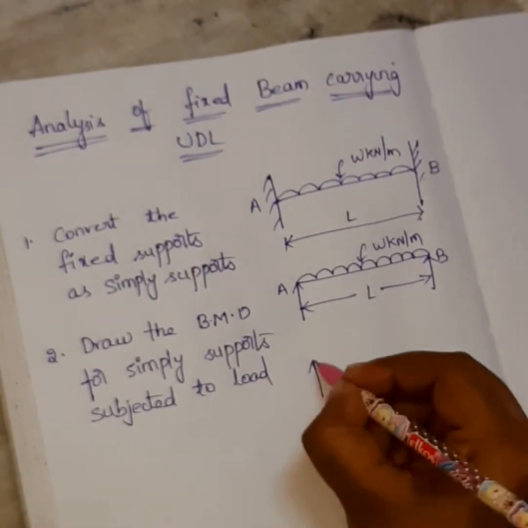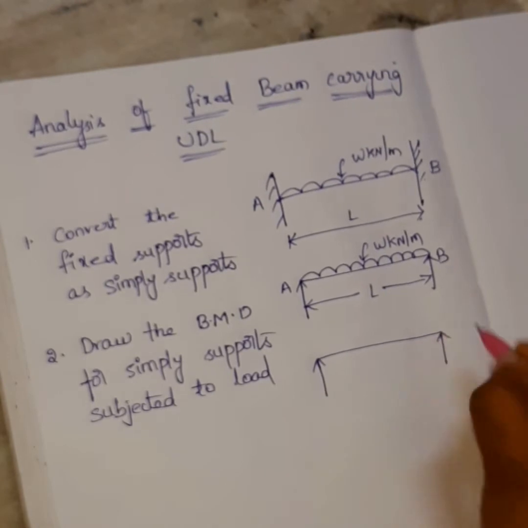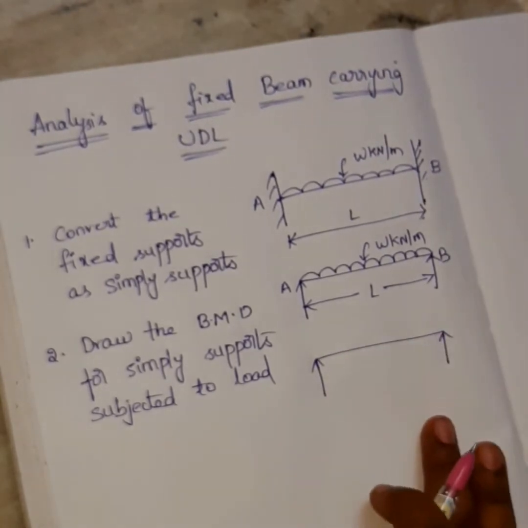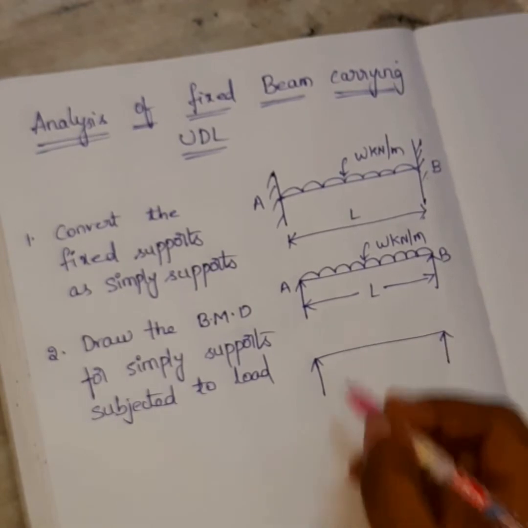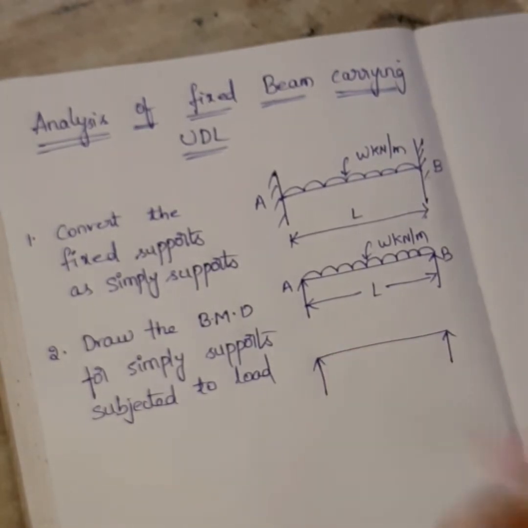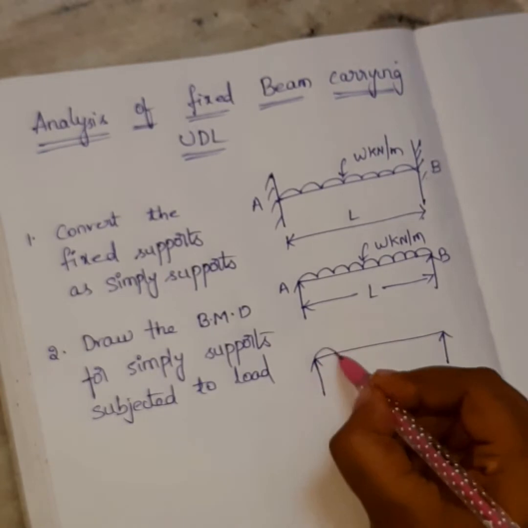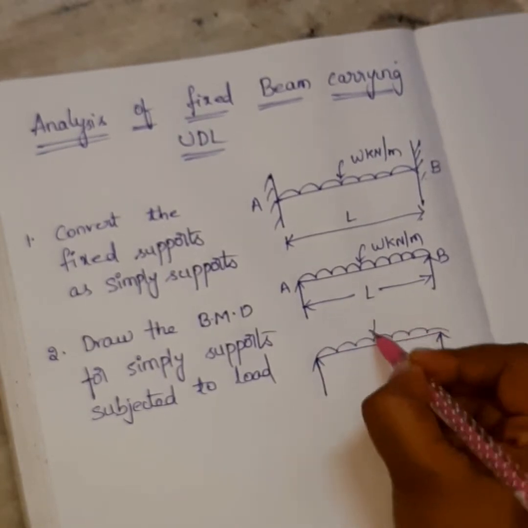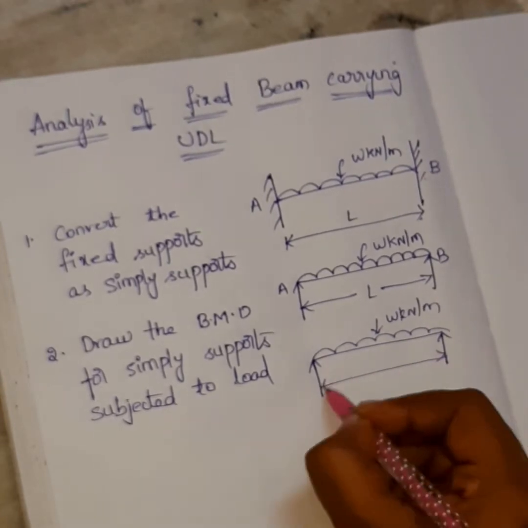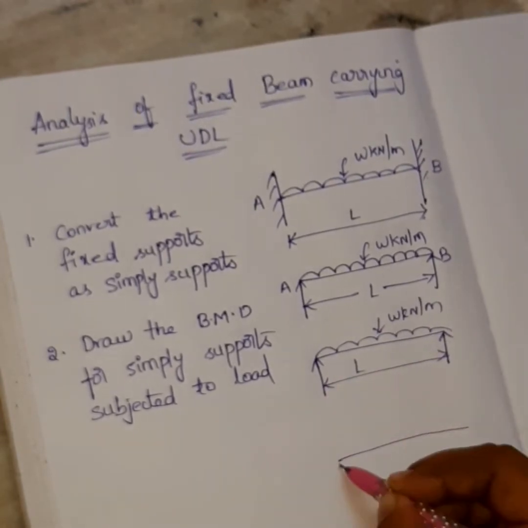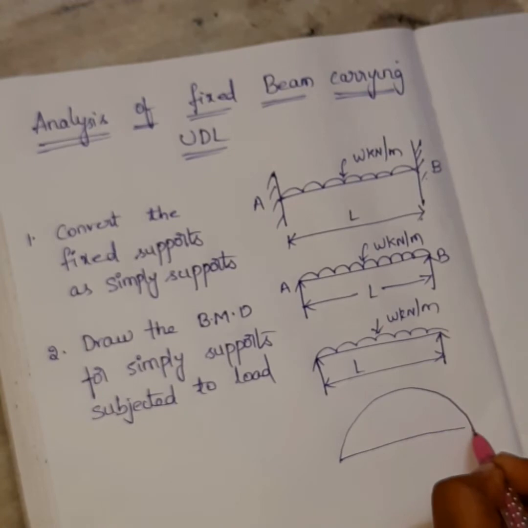I had clearly explained in my previous propped cantilever beams video how the diagram will come. Again I am drawing it here. The bending moment diagram will come as a parabola.